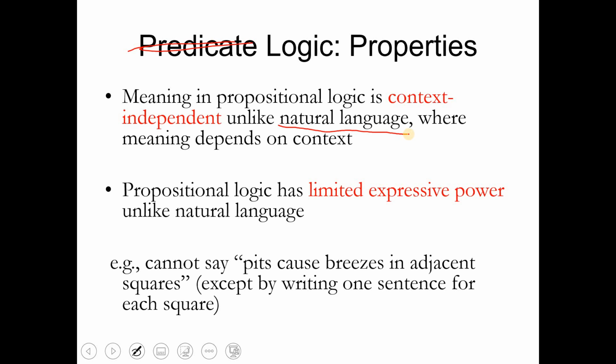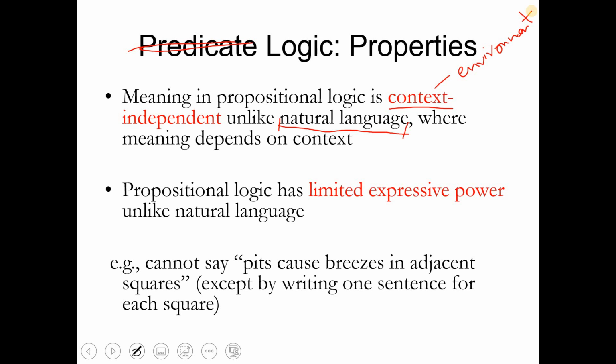So normally the natural languages, English or Arabic, have a context. Context means the environment. There is an environment related to that sentence that you say, that speech you give.